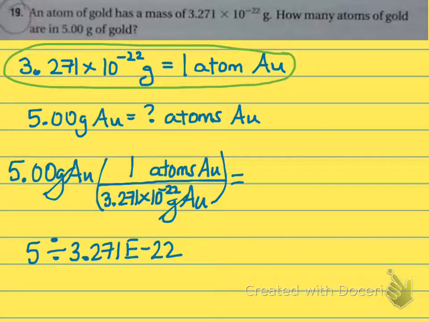You get 1.53 times 10 to the 22nd atoms of gold.